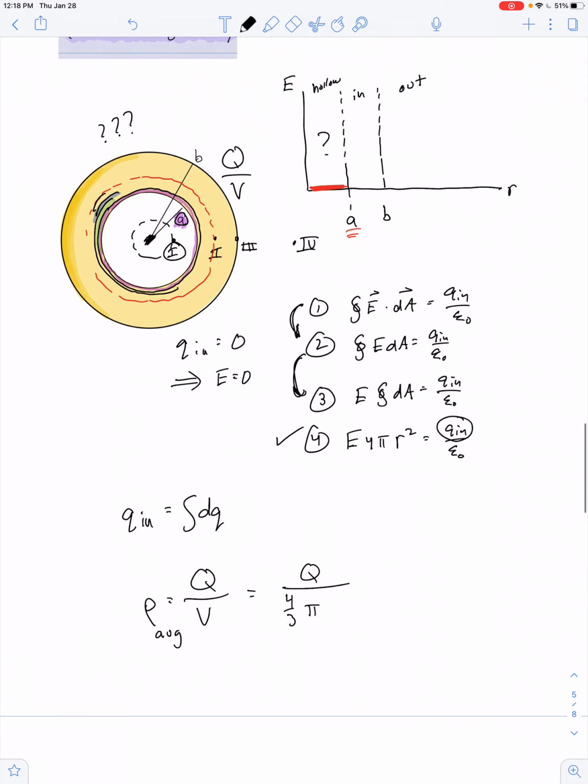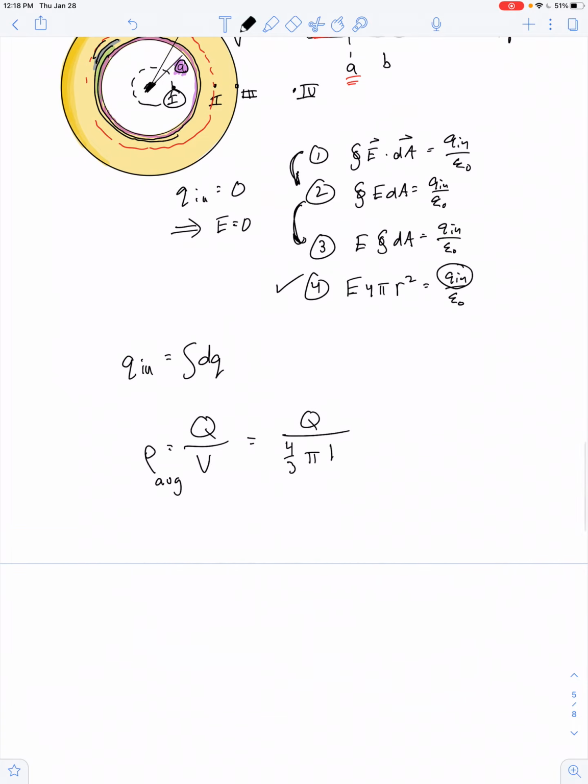The way I've labeled it here, I guess we'd say 4/3 pi b cubed. But remember, there isn't any charge in this region, so I need to subtract 4/3 pi a cubed, or I can just factor out the 4/3 pi. So there we go. Charge is distributed throughout a volume that's described by this formula from geometry.